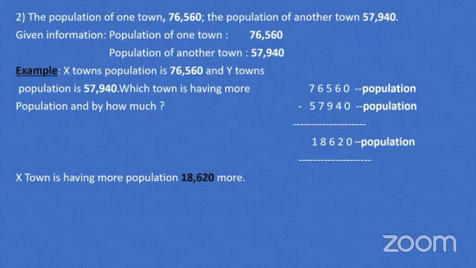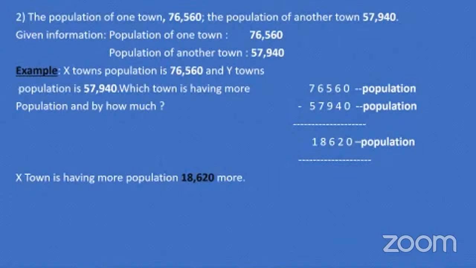Which town is having more population and by how much? See, the population of two towns is given there. Towns means cities. One town has 76,560 population and another town has 57,940 population. So we have to find out which town has more population and how much.